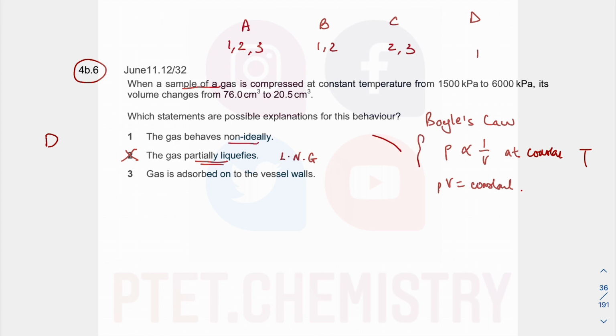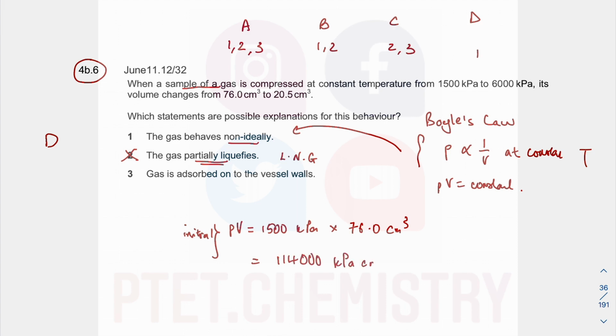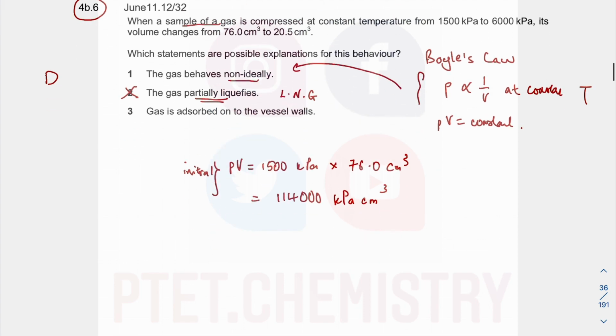Like I said, Boyle's law assumes ideality. So let's check the initial state before you apply pressure to it. P times V is 1500. Instead of converting the units into the standard units used in the ideal gas equation, because I'm not doing an ideal gas calculation, I just want to check P times V. So I have used the exact same units as given in the question, and I will just keep the units as such: kilopascal cm cube.